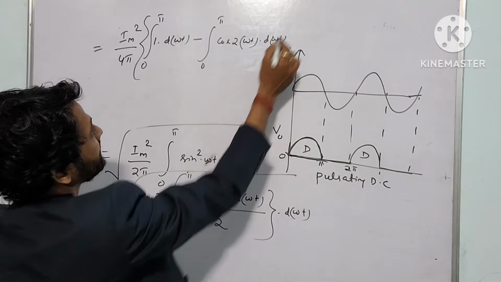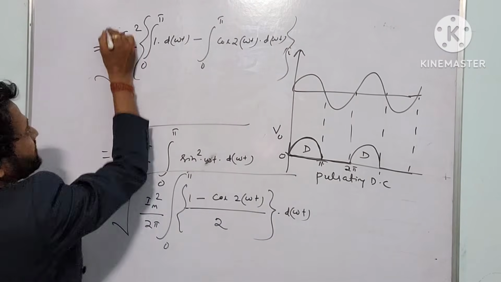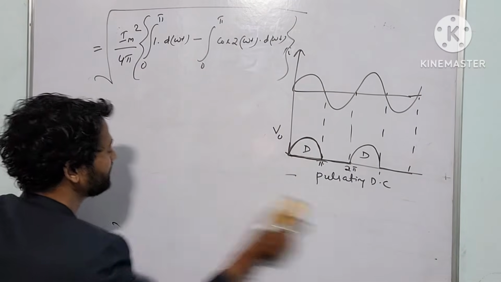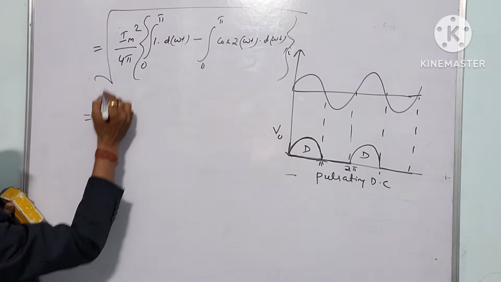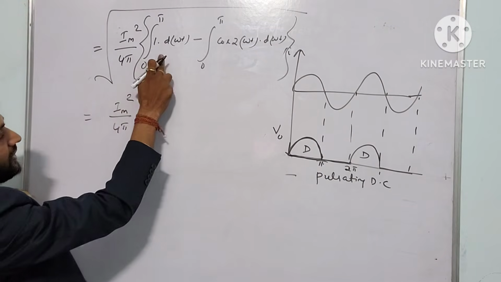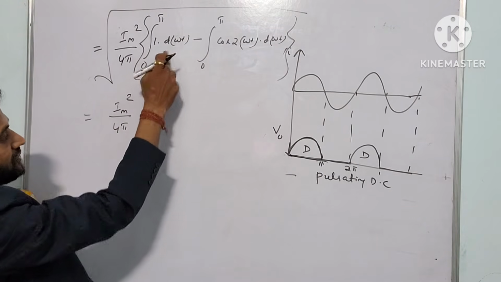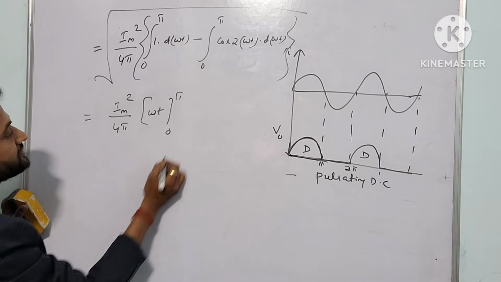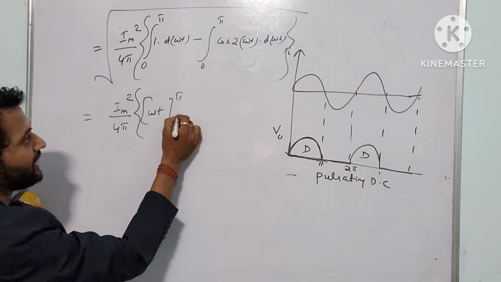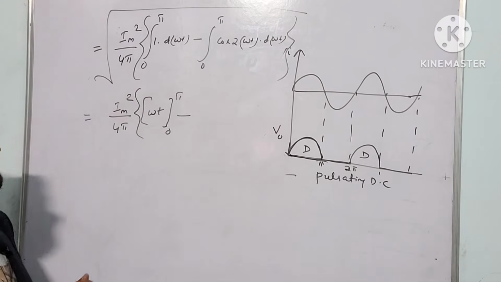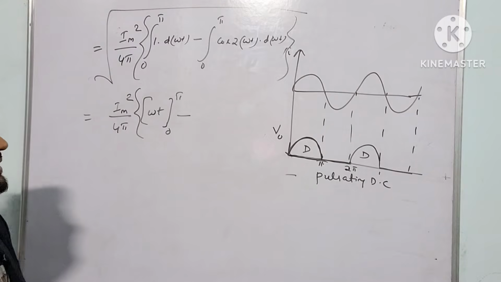Is it clear? So this whole function is done, then you take the root. Then what we'll do, Im square by 4 pi, the integration of 1 d omega t is omega t, so your limit will be from 0 to pi, clear? Minus, the integration of cos 2 theta is anyhow sin 2 theta, okay?